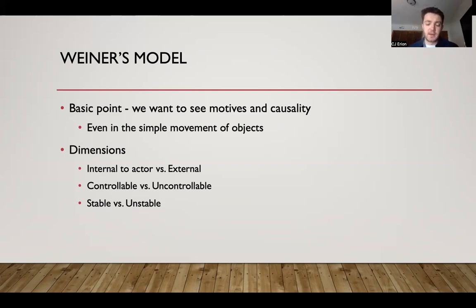So this is getting at the person versus situation debate that has been briefly brought up in the past. We also try to make attributions about whether or not something is controllable by the actor. And finally, we make attributions about whether or not that behavior is going to be stable or unstable over time.